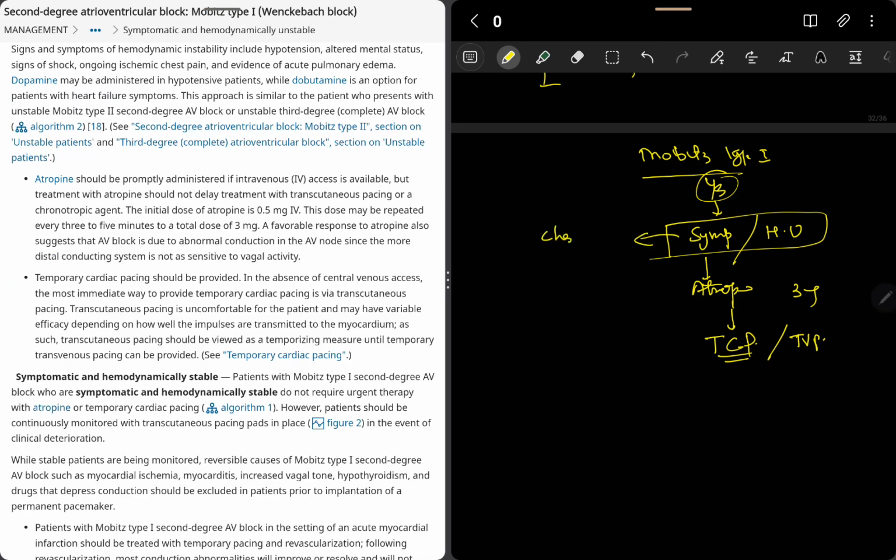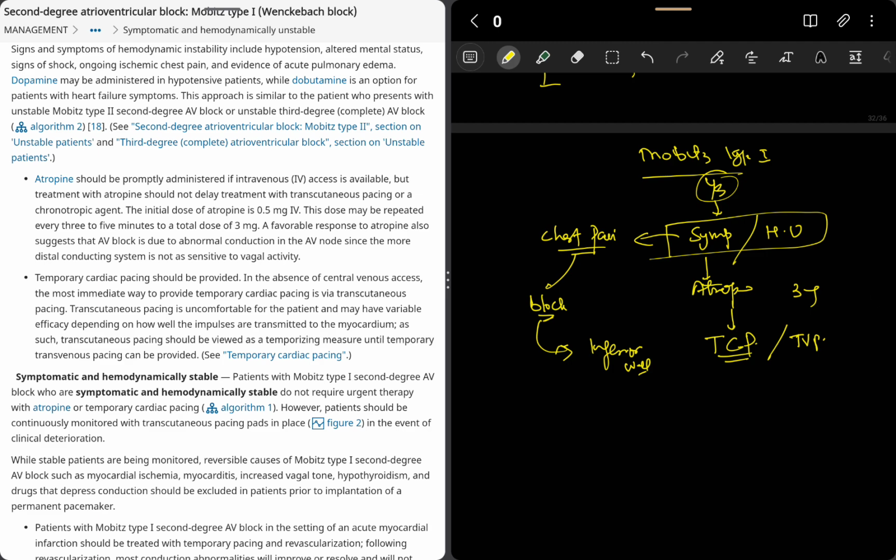One of the symptoms can be chest pain as well. So we mostly think chest pain is due to MI, but it can be due to block as well, like symptomatic block, and that in turn could be a result of inferior wall MI, which affects the AV node leading to Mobitz type 1 or type 2.